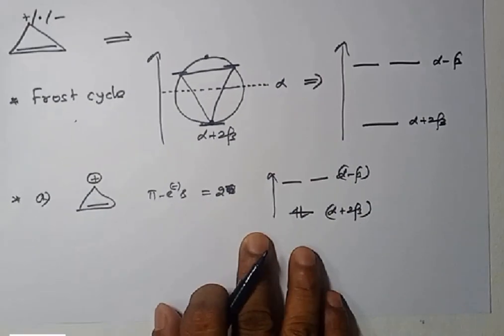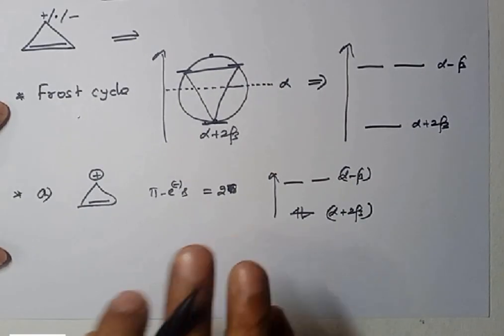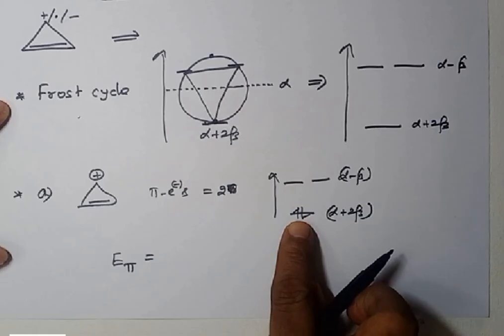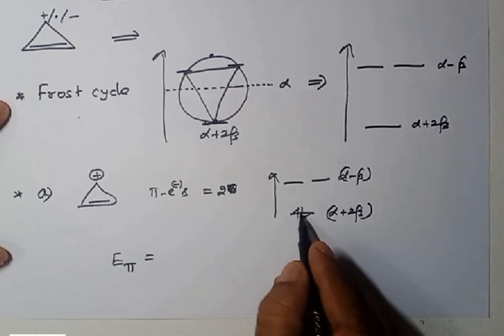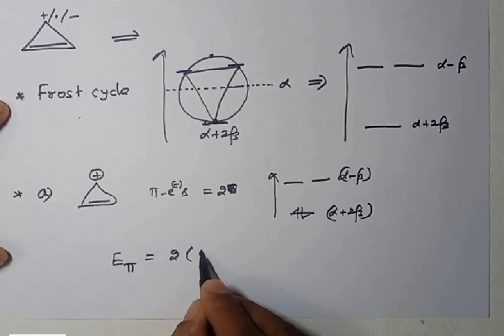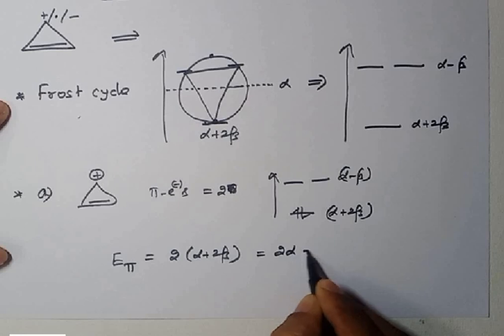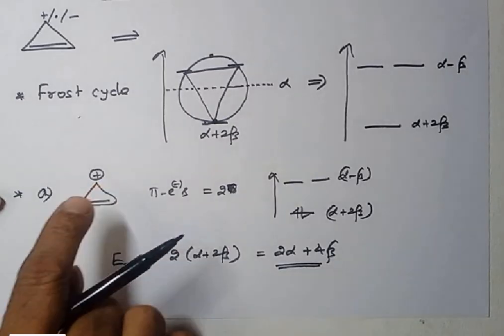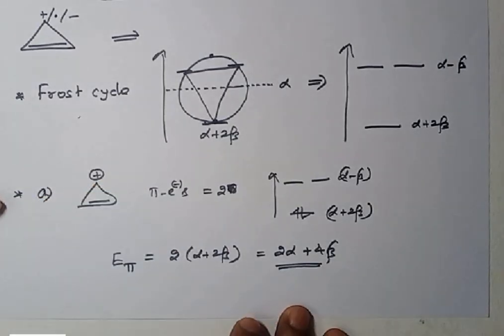So what is the pi electronic energy of the ground state? Both electrons are present, and for each electron the energy is alpha plus 2 beta. So 2 into alpha plus 2 beta, which is equal to 2 alpha plus 4 beta. This is the pi electronic energy of the cyclopropenyl cation.